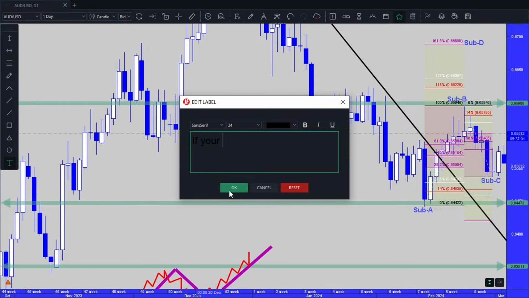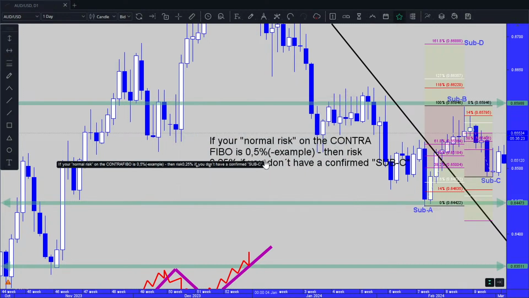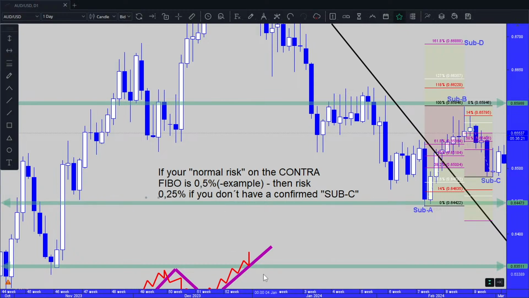If your normal risk on the contra Fibo is 0.5, for example, then risk 0.25 if you don't have a confirmed sub-C. Wow, right? This is some knowledge to learn.